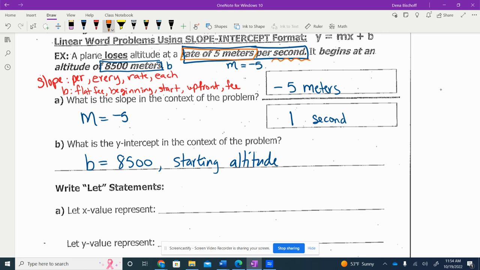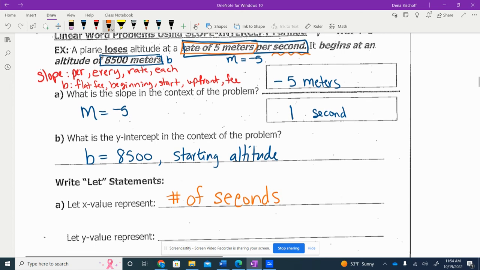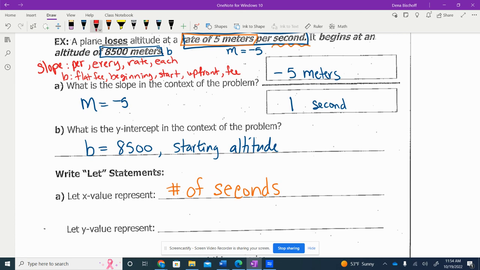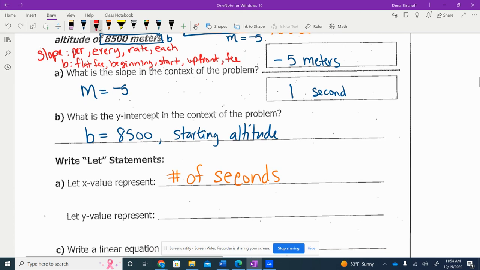Yeah, so x is going to represent the number of seconds. And then our y value is the total, whatever the total is. And what are we talking about? A total what? What does that 8,500 represent? So y is the total altitude.